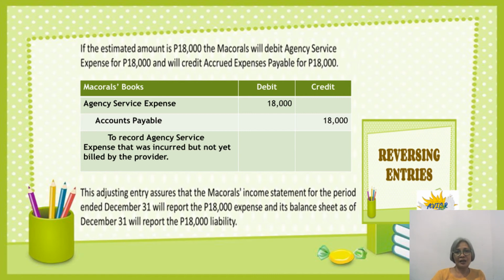So, naka-record na yan sa libro natin. This adjusting entry assures that the Macoral's income statement for the period ended December 31 will report the 18,000 expense, and its balance sheet as of December 31 will report a liability.